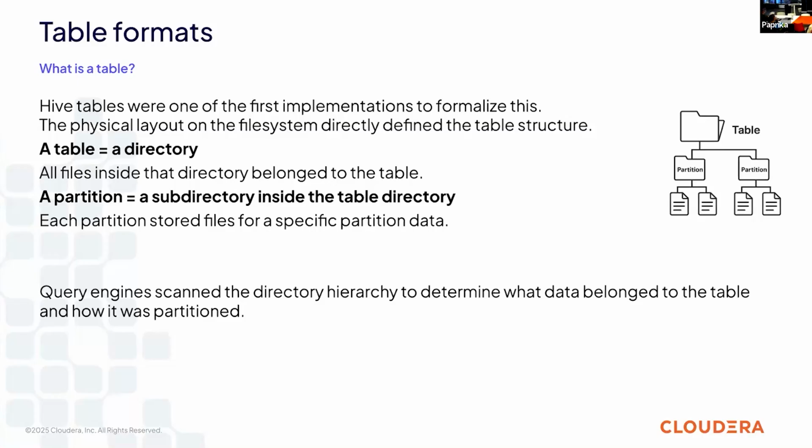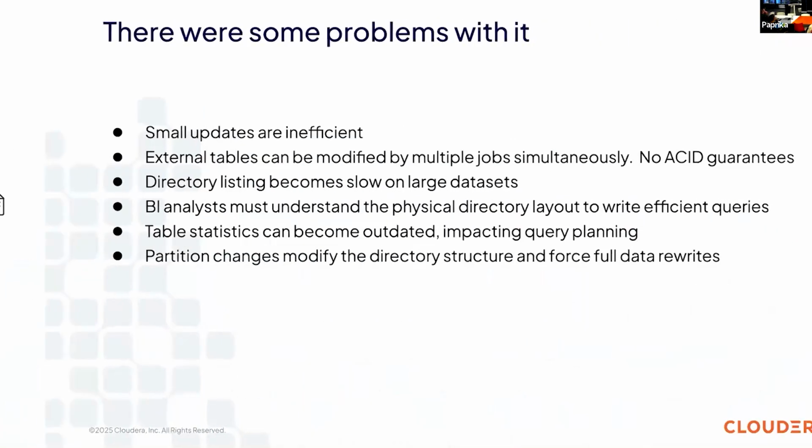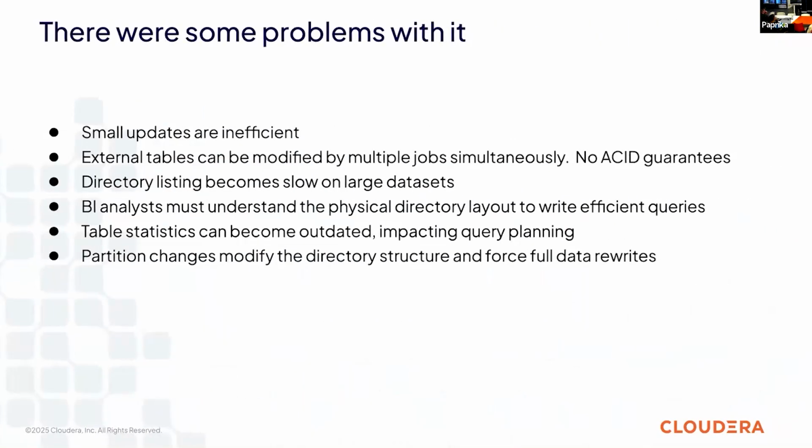But there were so many problems with this concept. It was good for the first implementation, but there were problems. Small updates were inefficient. There were no ACID guarantees, especially for the external tables. Directory listing, when you have millions of files in that directory, started to have problems.